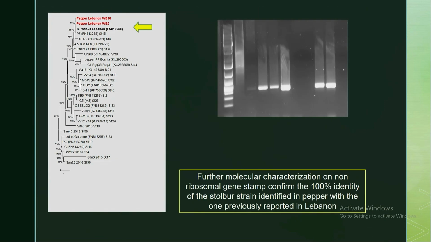So in order to understand the strain that we found on pepper, we characterized the stamp gene, and we obtained a sequence identity of 100% with the strain P7, so the ST15, that was already reported in Lebanon in previous studies. So we confirmed that the strain that we detected in pepper was the same that was reported before.